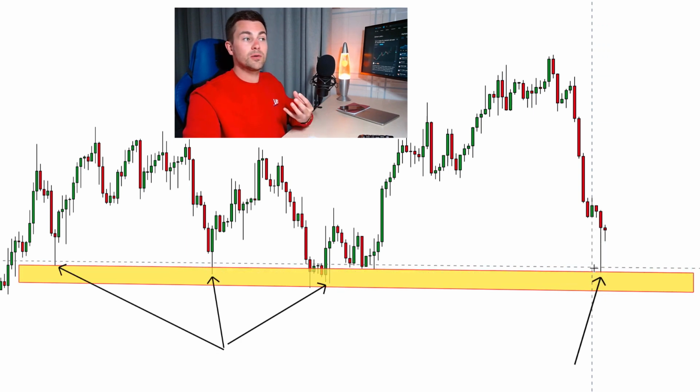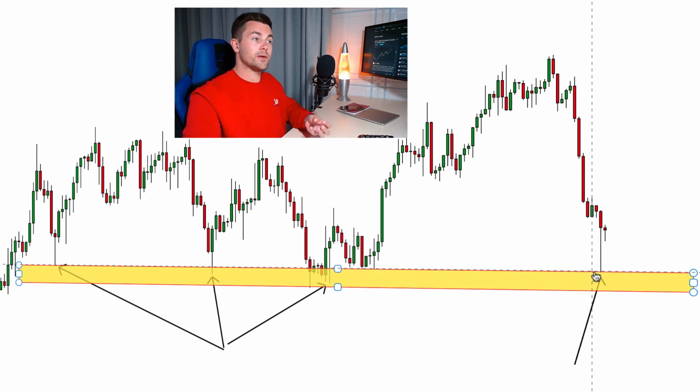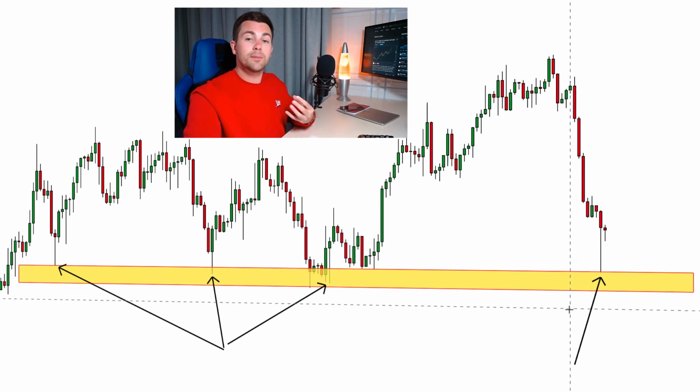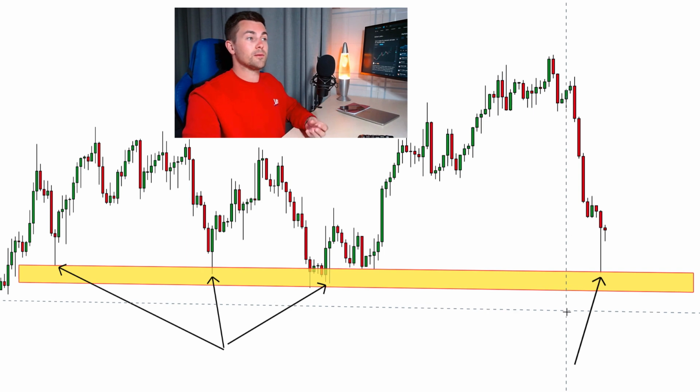And this rejection here is a very good predictor. And once it is applied with some other confirmation, with price action patterns, with indicators, for example, the probabilities that the market will start growing are very high.